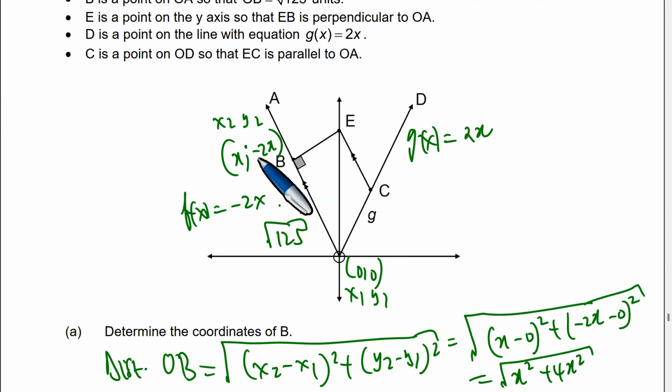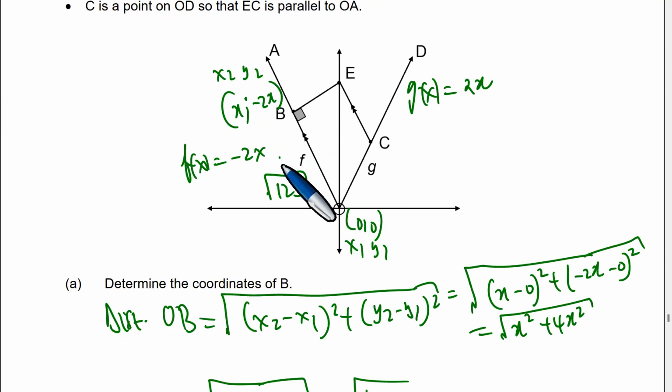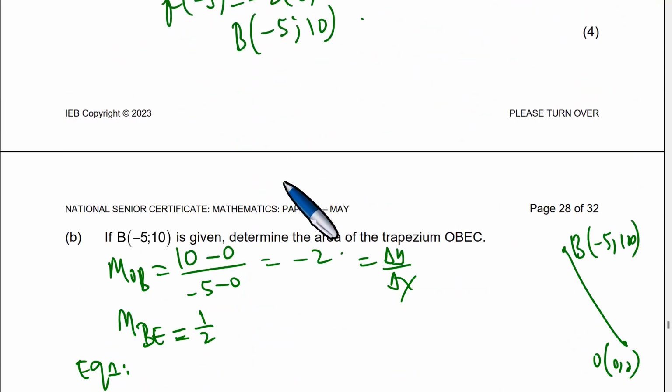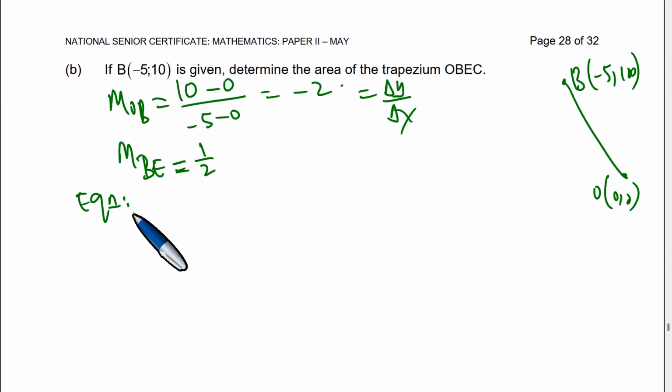But what is the equation of BE? BE passes through the point B with the coordinates. Equation of BE.